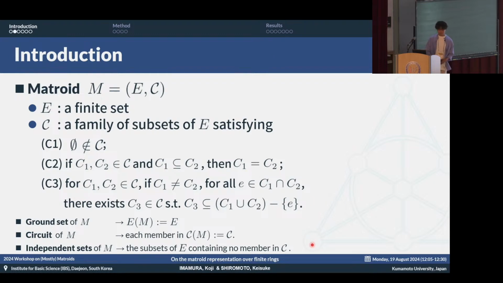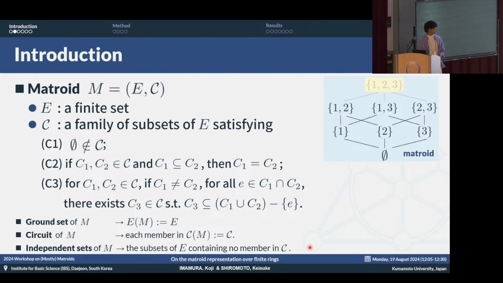In terms of circuits, independent sets are the subsets of E containing no circuit. This is an example of a matroid. In this figure, independent sets are indicated as black letters, and the yellow part indicates circuits.